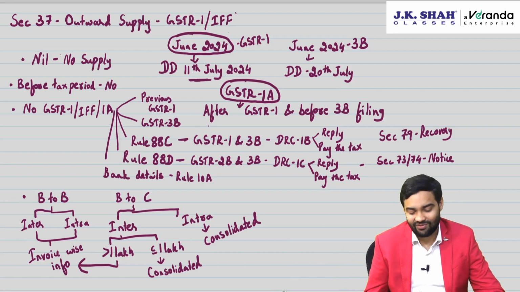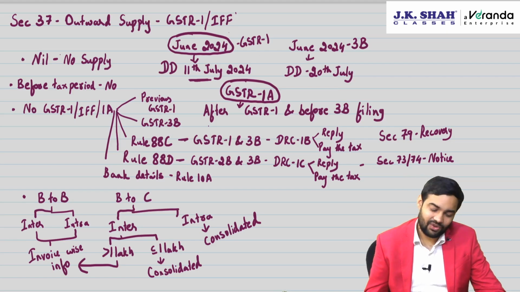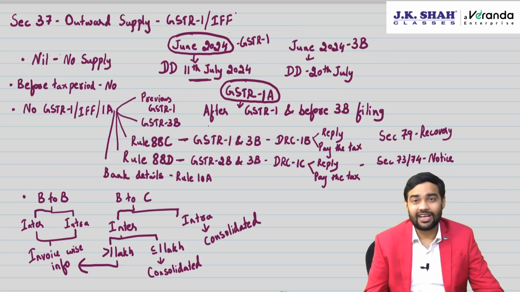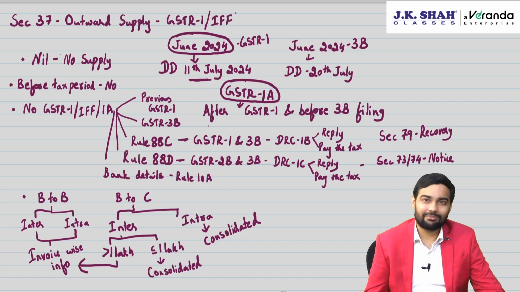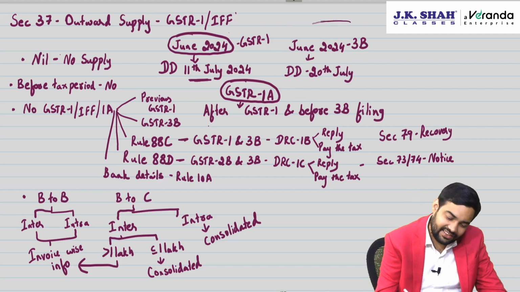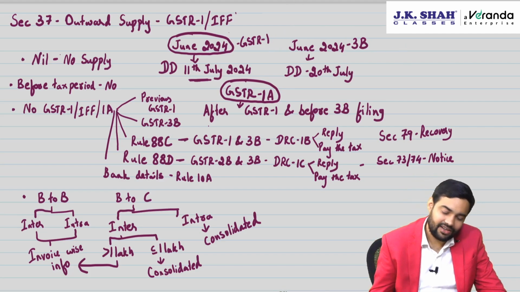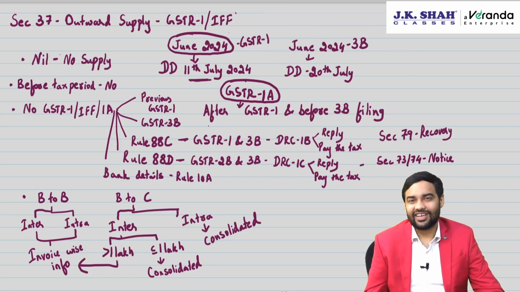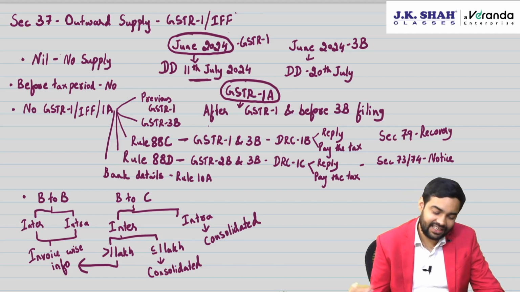So be very careful of this, because 1A will affect your 3B, but 1A will not get communicated immediately to the recipient in his GSTR 2B, because 2B will get updated next month. 2B gets generated on 14. So be careful. Two questions can be asked on 1A: either your liability in 3B, or whether the recipient will get immediate ITC or his ITC will get delayed. That can be asked.